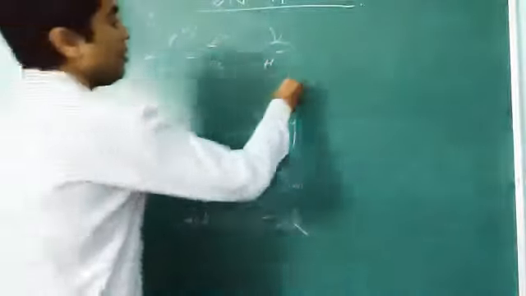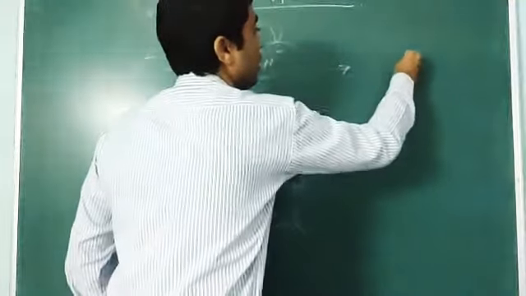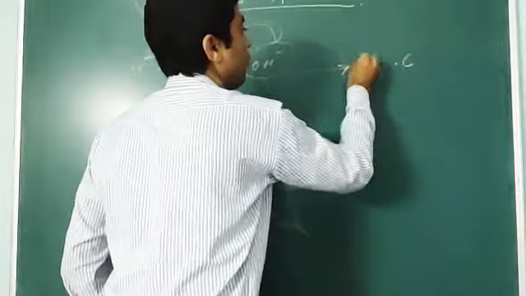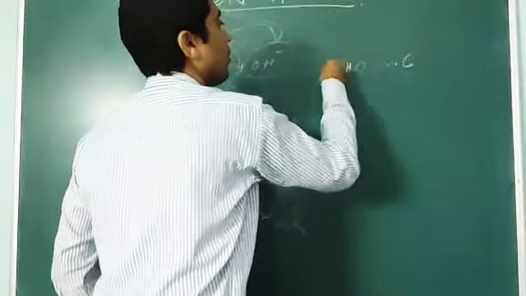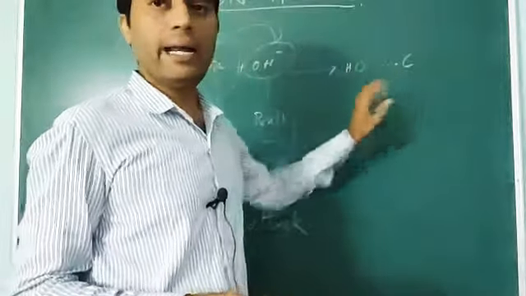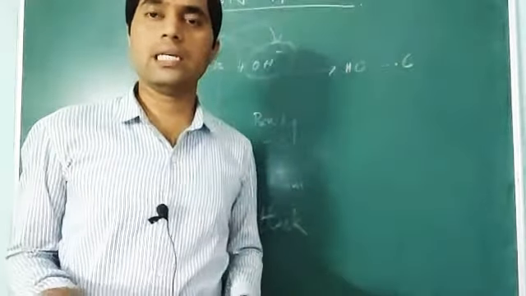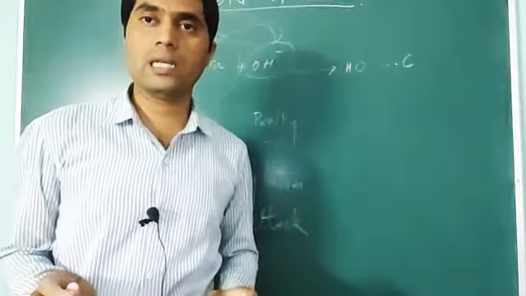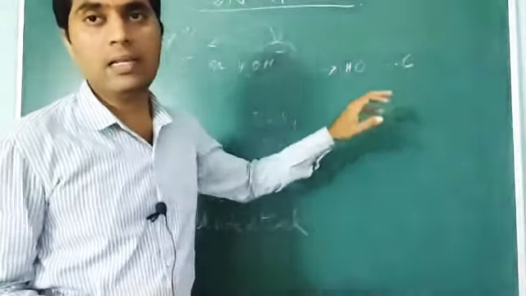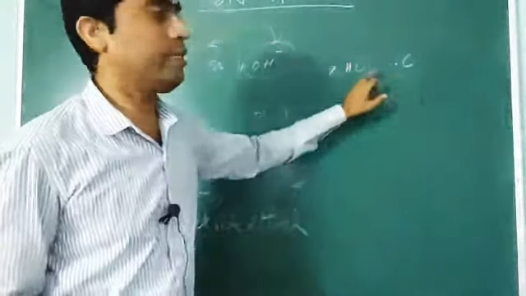Now what happens after the backside attack? There is the formation of an oxygen-carbon bond. It is a simultaneous process. When the nucleophile attacks the carbon, it starts to form this bond.